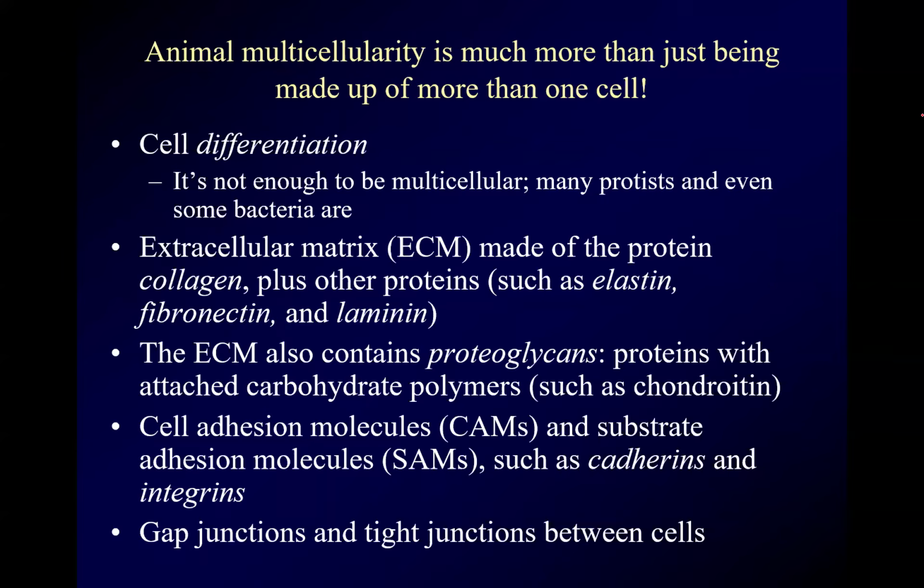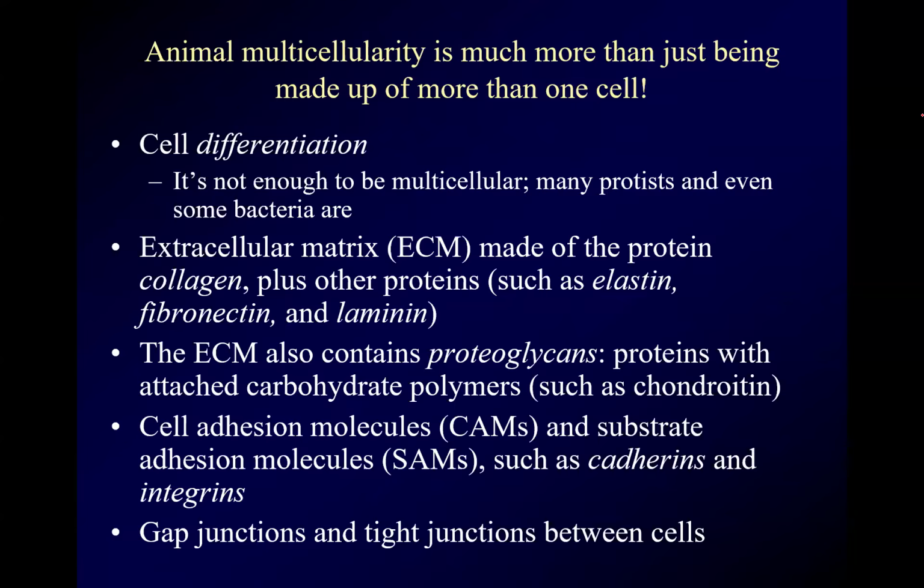What makes an animal is, to an extent, cell differentiation. It's not just that animals have many cells, but they have many different cell types, anywhere from four in the simplest of animals to roughly 200 in you.